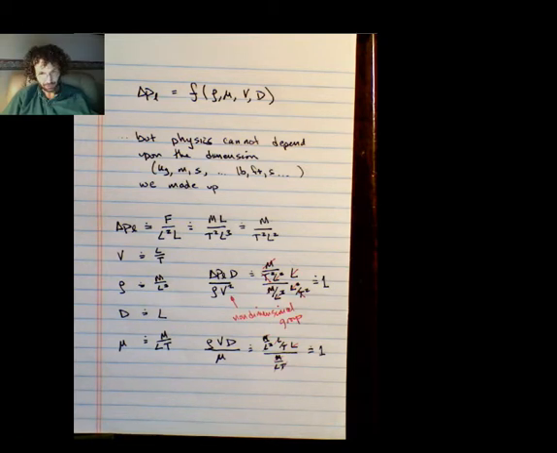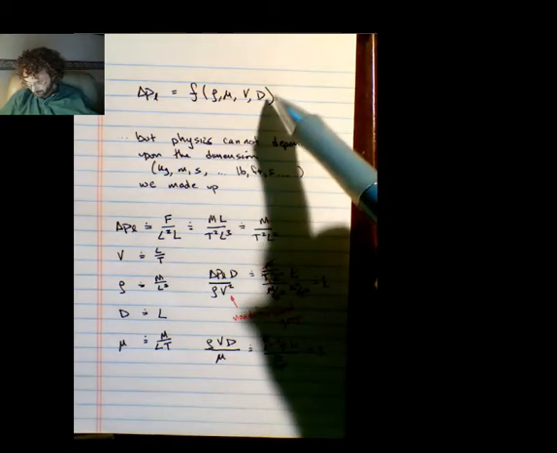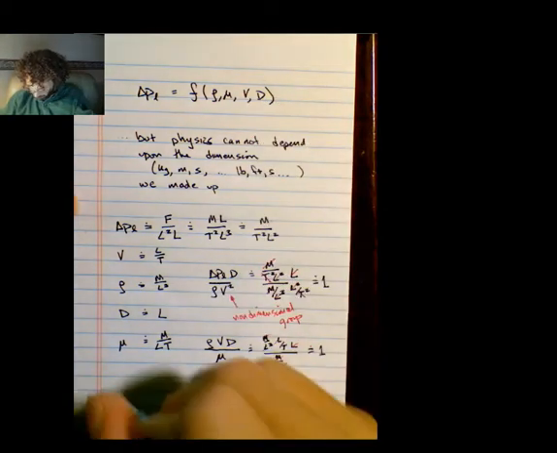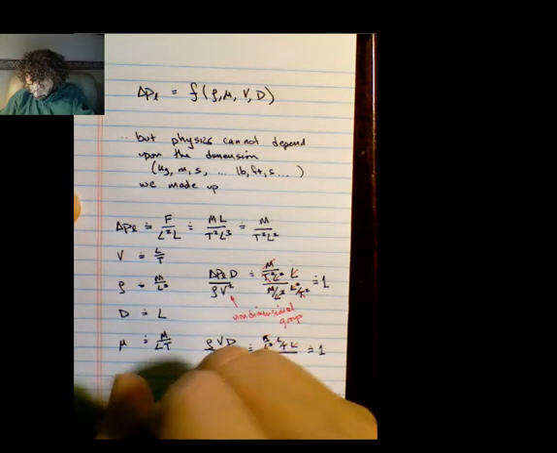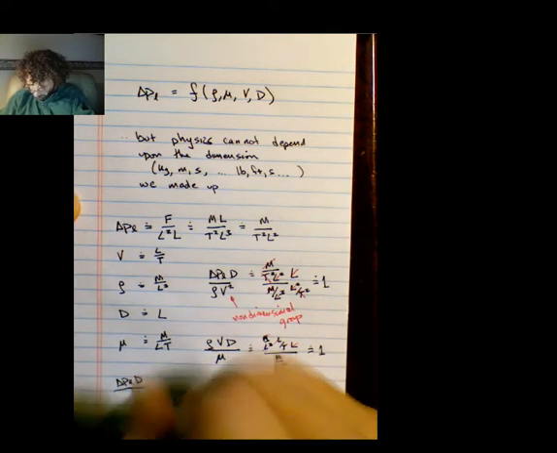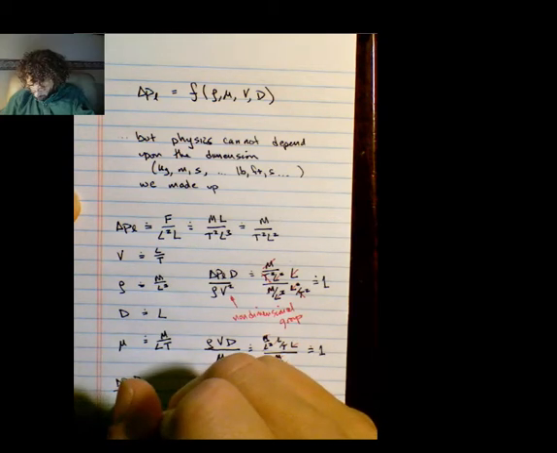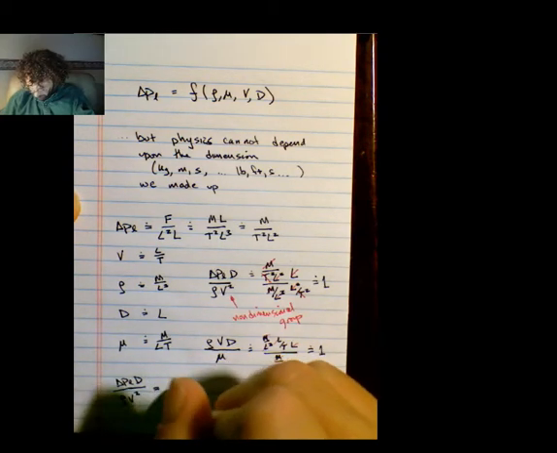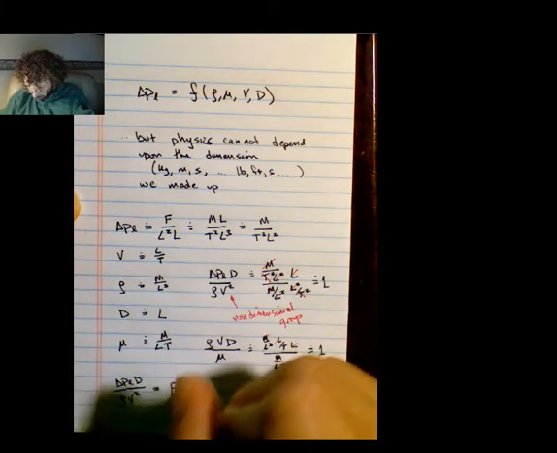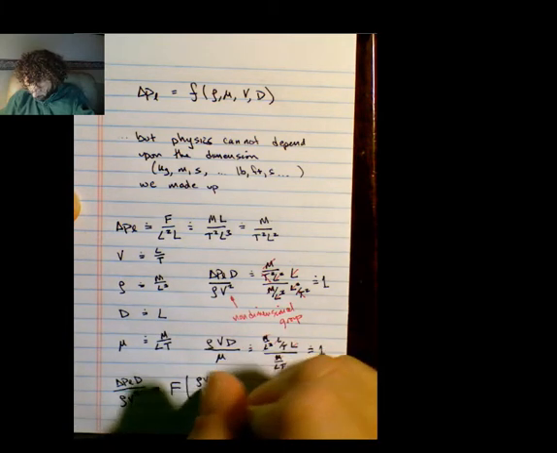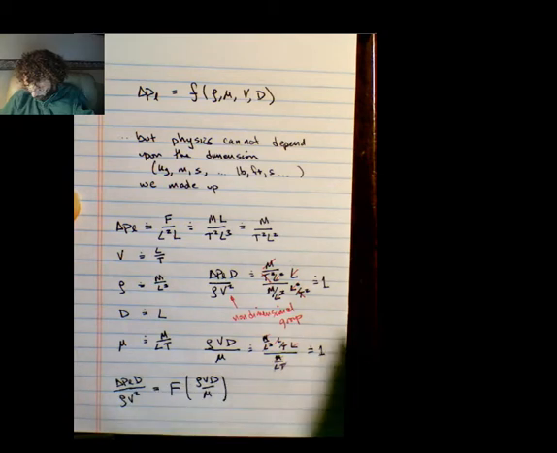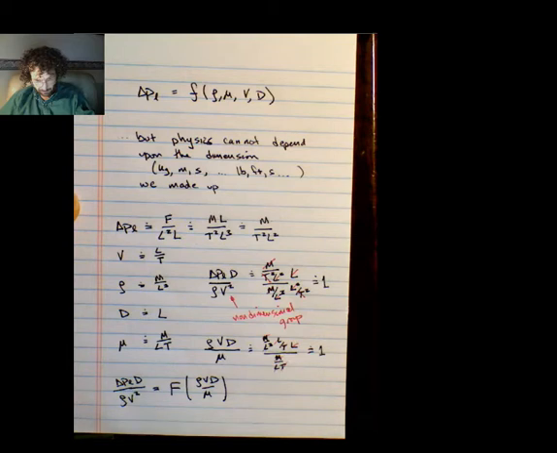It is non-dimensional. And we've used all the variables. And so what this tells us is that the core physics of this can be expressed this way. Delta P sub L over times D over rho V squared is some other function of rho VD over mu. We've used all the variables. We've formed two non-dimensional groups.